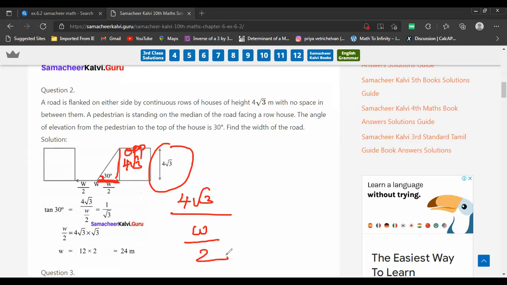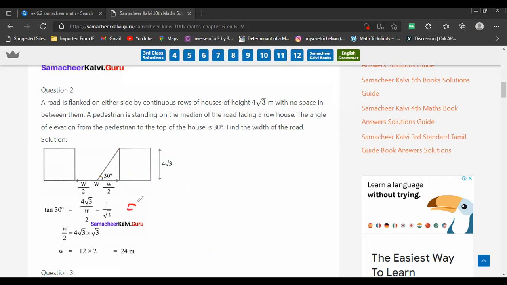So if you solve this, you will get 8 root 3 upon W, isn't it? 8 root 3 upon W is equal to 1 upon root 3.